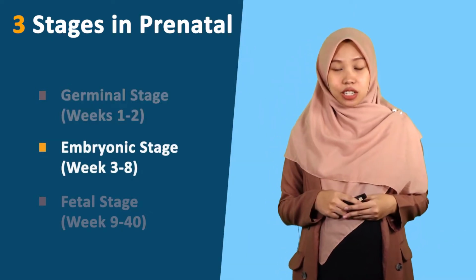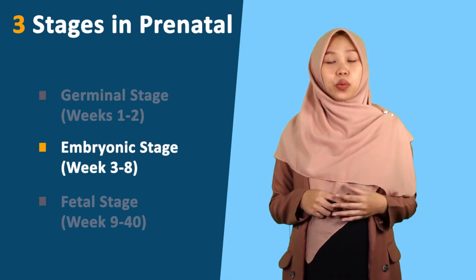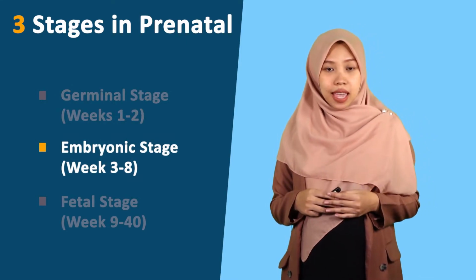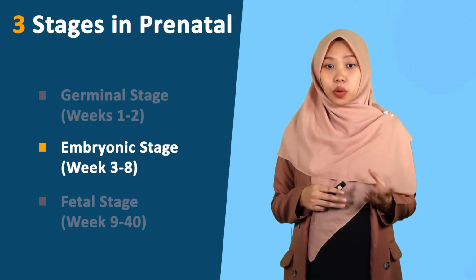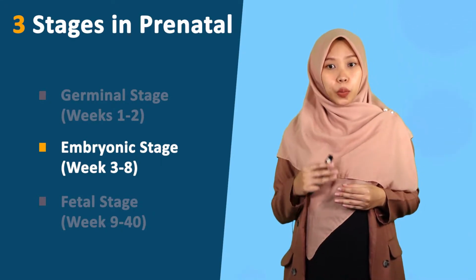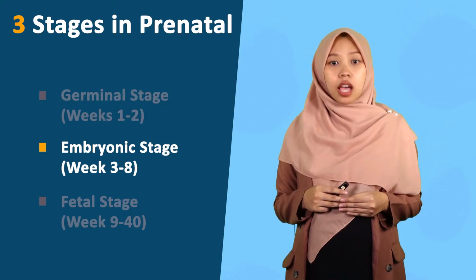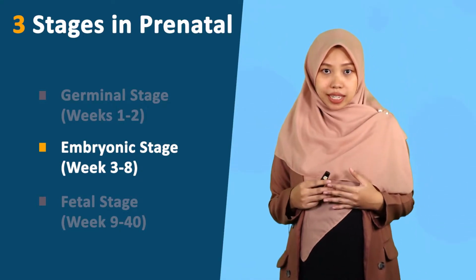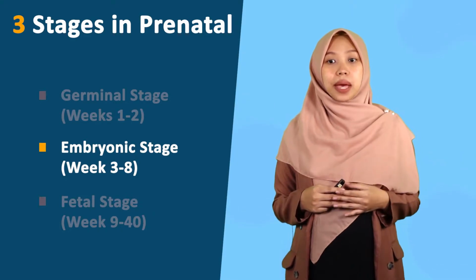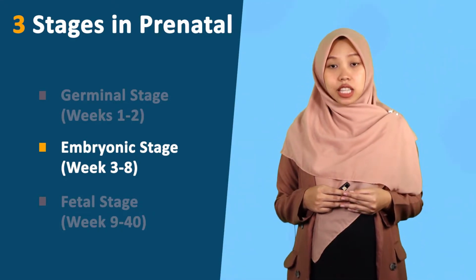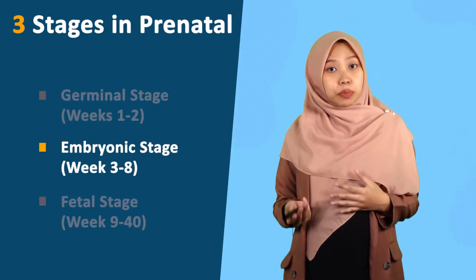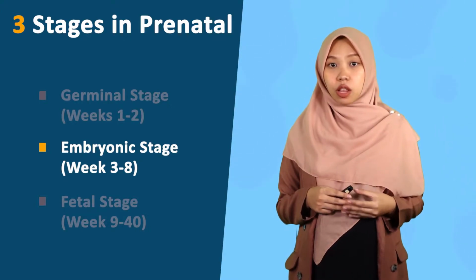And then the next stage is called the embryonic stage in week 3 to 8. At this point, the mass of cells is now known as an embryo. The beginning of the 3rd week after conception marks the embryonic period, a time when the mass of cells becomes distinct as a human. The embryonic stage plays an important role in the development of the brain.